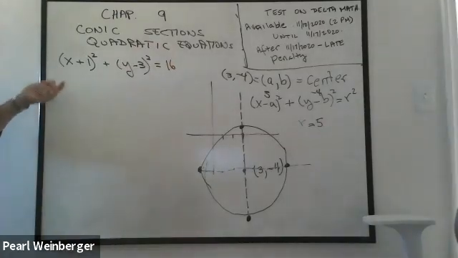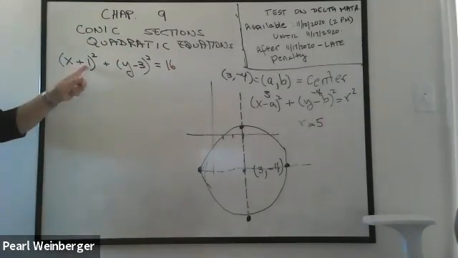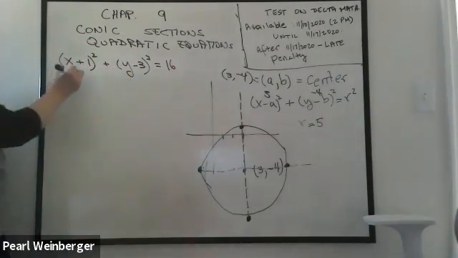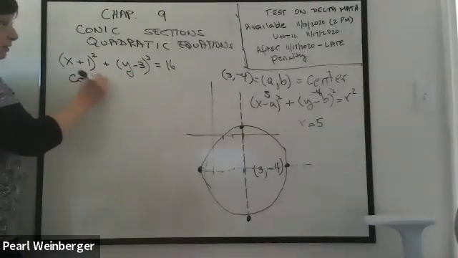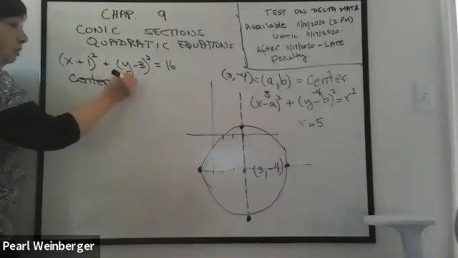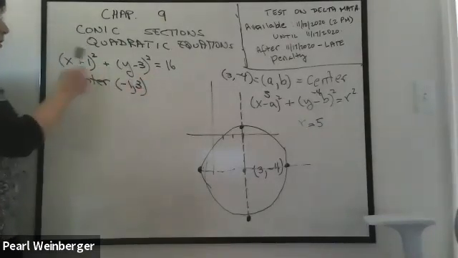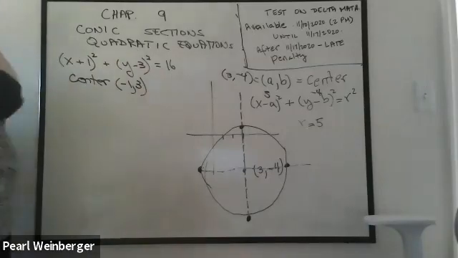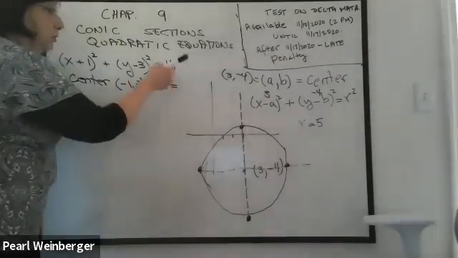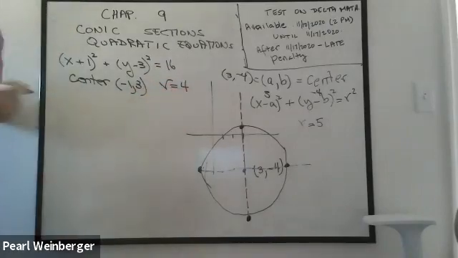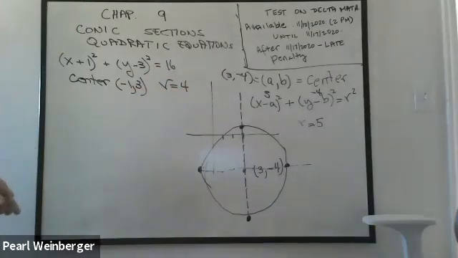Now I know this is a circle because I have x with something squared and y with something squared, but it doesn't have its center at the origin because there are numbers inside the parentheses with the x and with the y. The center, I can tell you what that is. It's negative 1, positive 3, because I just take these numbers and switch their signs. The radius is the square root of 16, which is 4. And of course, now that I know its center and its radius, I would be able to graph that.